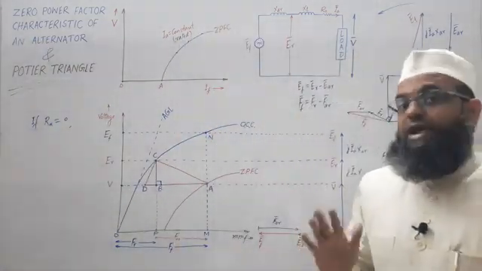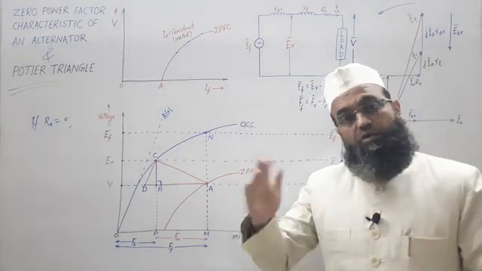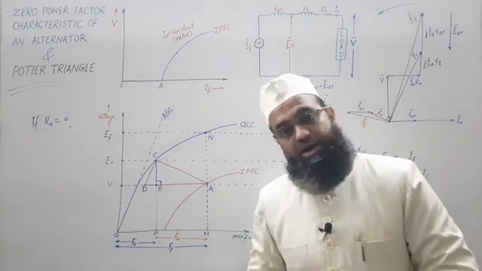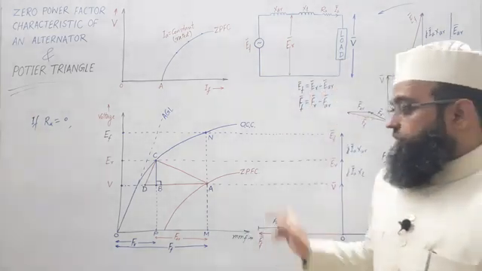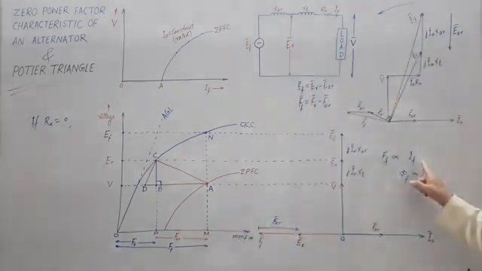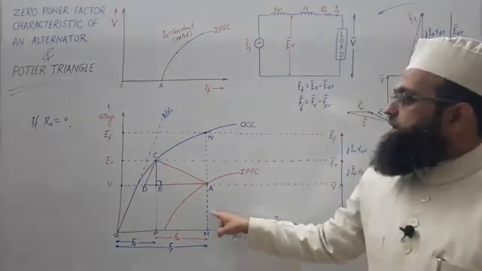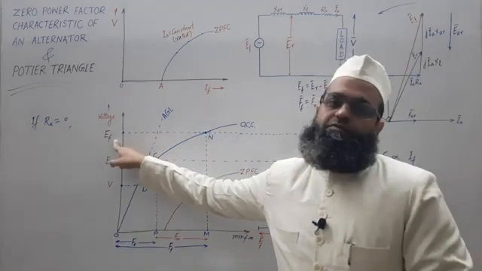Repeating again, we have not connected any load. The synchronous generator is running at synchronous speed. Then for a particular field current IF or corresponding MMF FF, we get the no load EMF as EF.